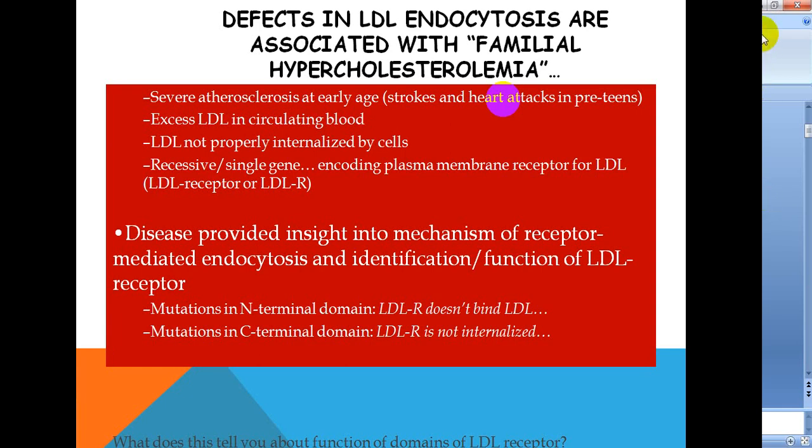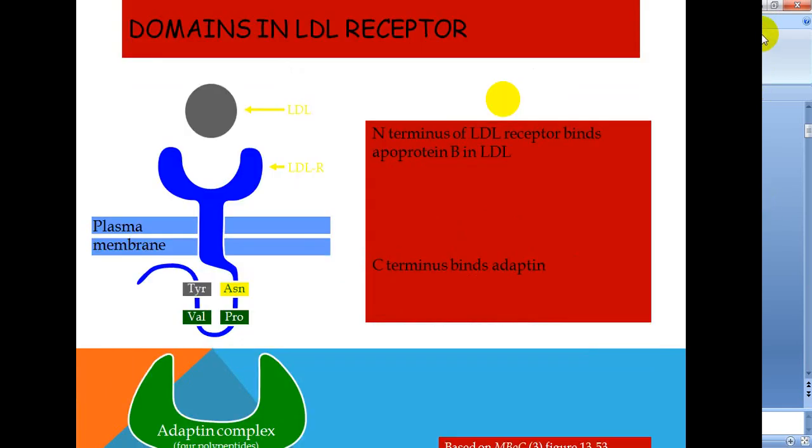Even if the LDL is recognized by the LDL receptor, it cannot come inside the cell. As a result, there is excess LDL in circulating blood. So whenever there is a mutation either at the C-terminal end or at the N-terminal end, there is a defect in LDL endocytosis. Now we are talking about these domains in the LDL receptor.